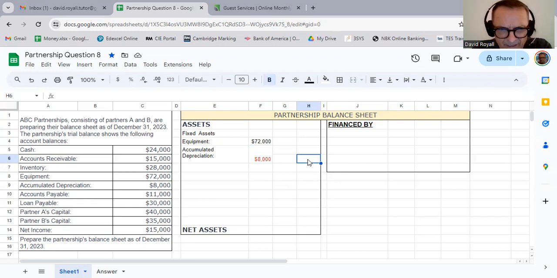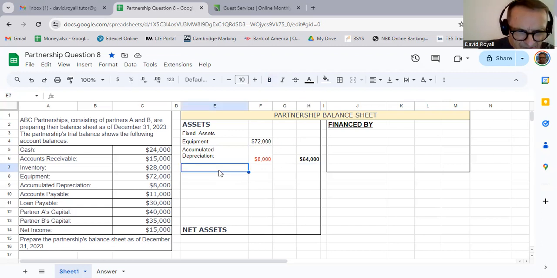So what I'm going to do now is take the assets, deduct the accumulated depreciation. 72 minus 8 gives us 64, and that now becomes the value of fixed assets net of depreciation.